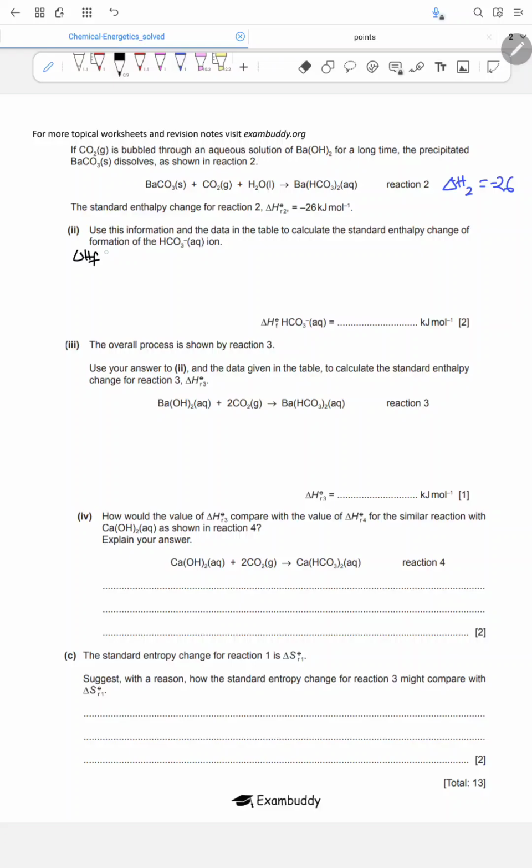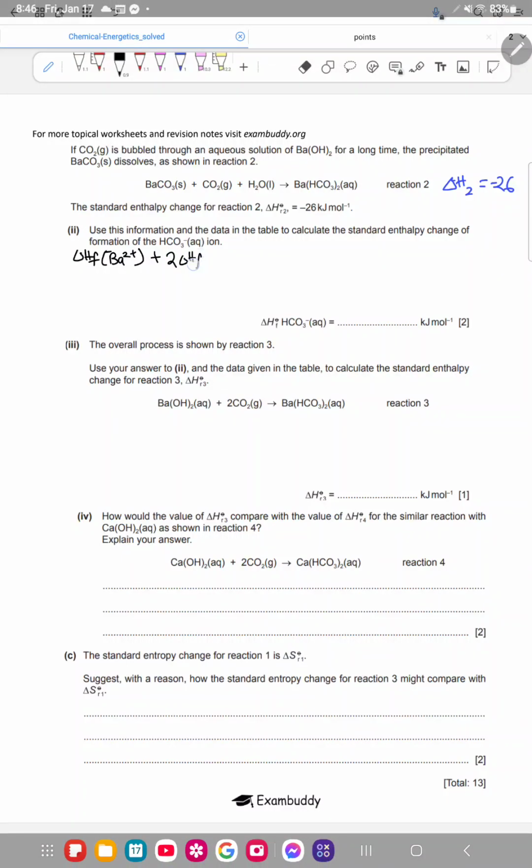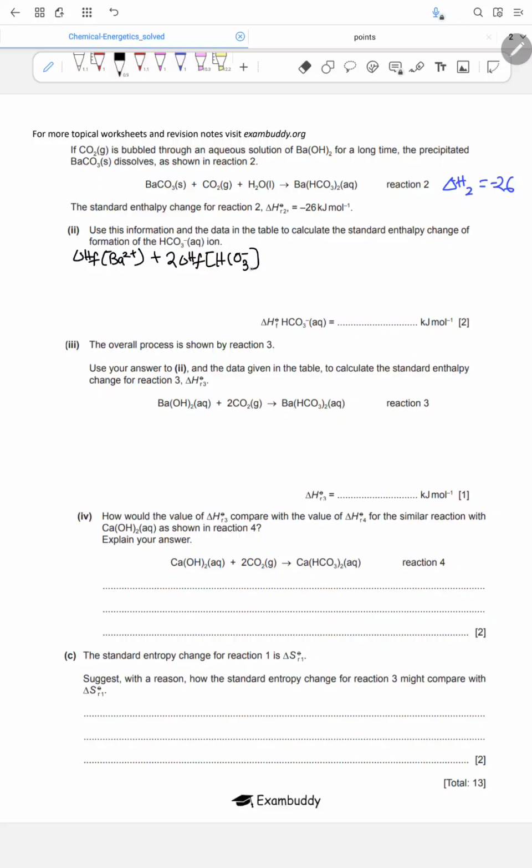So enthalpy change of formation of barium, oh sorry, this is my bad, that's 1 barium, plus 2 enthalpy change of formation of hydrogen carbonate, minus delta H reaction, minus the reactants: enthalpy change of formation of barium carbonate, enthalpy change of formation of CO2, and enthalpy change of formation of water.